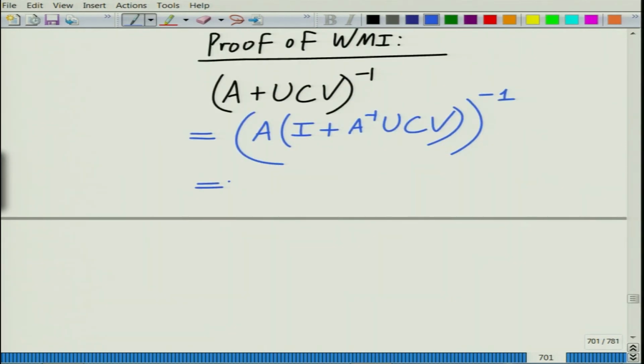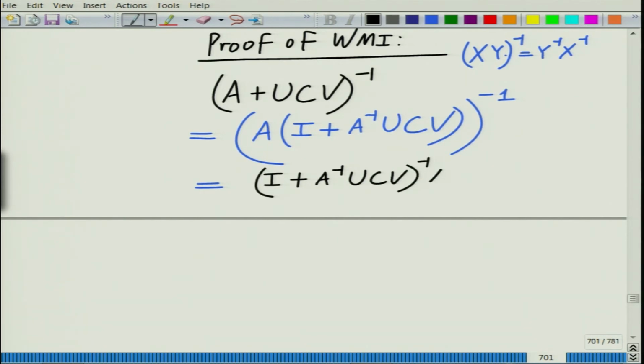We use the property that (XY) inverse for two invertible matrices is Y inverse times X inverse. So this becomes (I + A inverse UCV) inverse times A inverse. That is essentially how we have simplified this in the first step: first taking A common and then moving the inverse inside the bracket.